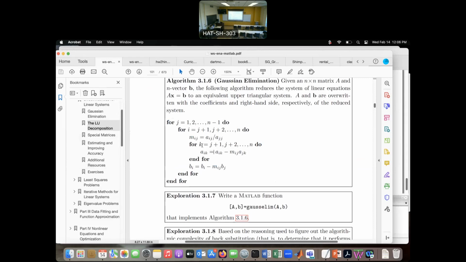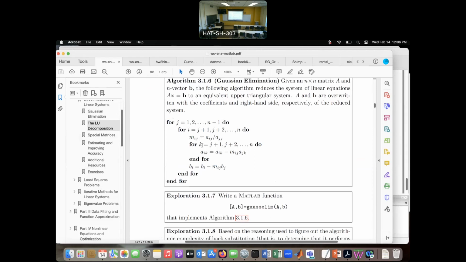Okay, oh, I see why it's happening. Because this loop, i goes from j plus 1 to n, i is always greater than j. So this statement will never be run.